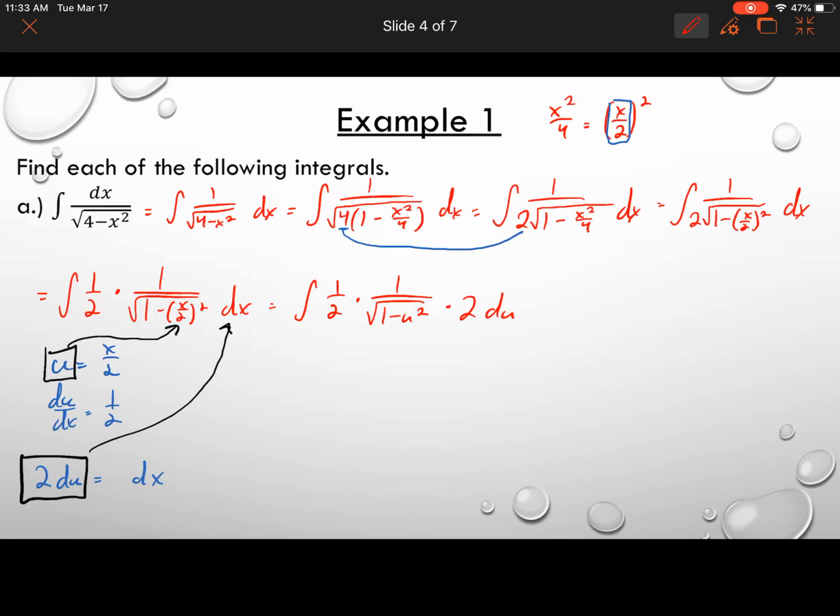So we replace the x over 2 with the u, and we replace the dx with the 2 du. Now, hopefully you should see some cancellation here. This 2 cancels out this 1/2. So all we're left with now is the integral of 1 over radical 1 minus u squared du.